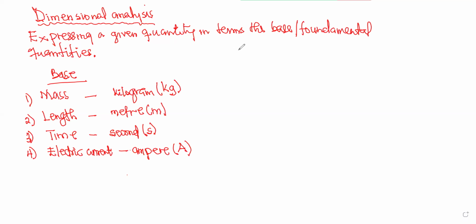Somebody's hand is up. Please go ahead and ask your question. Pressure is not a base unit. Yes, pressure is not a base unit. Let me explain why we write ampere with a small letter a. Ampere is a unit named after a person. If you are referring to the person Ampere, then you start with a capital letter.